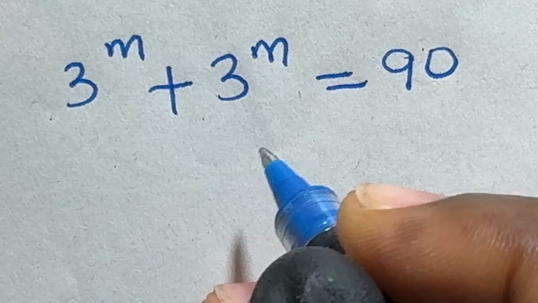There's a basic law of indices I'm going to apply to the left hand side, and that is if I have a raised to power m divided by a raised to power n, I can pick one of the bases because they are exactly identical and then subtract their powers like this, m minus n. This implies that 3 raised to power m divided by 3 squared can now be written as 3 raised to power m minus 2 then equal to 5.